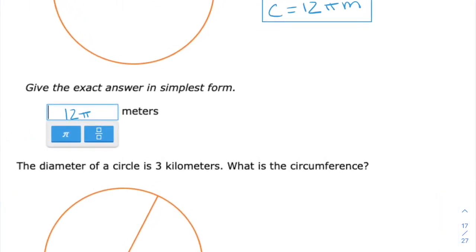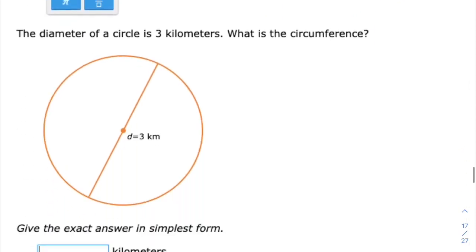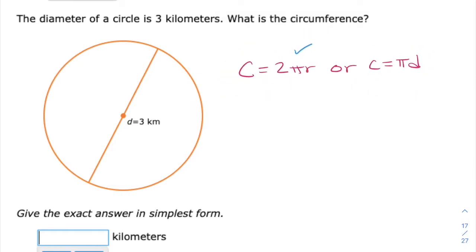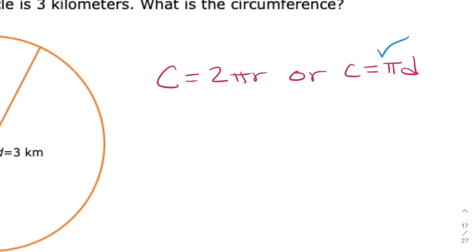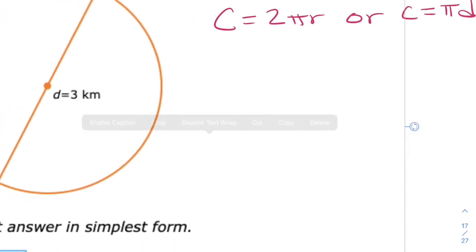All right, that's it. Now this next one, I'm going to find the circumference again. But I have a choice of either finding the radius or not finding the radius. I can instead use this formula, because 2 radiuses equals 1 diameter. So here the diameter is 3 kilometers.